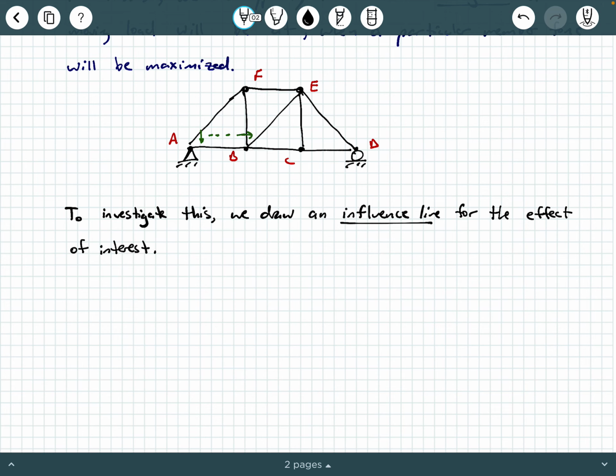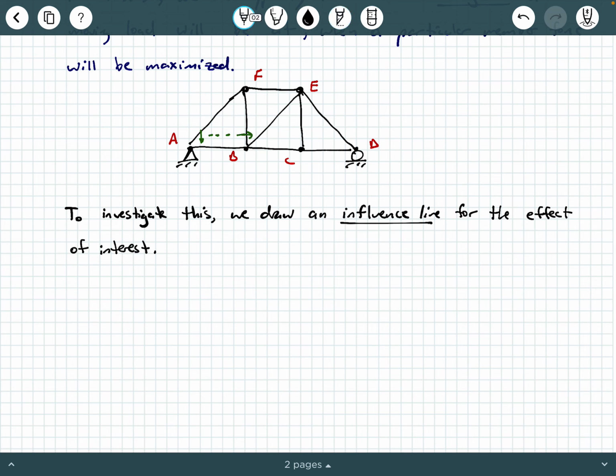Now again, what is this thing called an effect? We got to keep reminding ourselves when we say effect, it could mean an external reaction. If you have a beam, it could be internal shear force or internal bending moment. In this case, if we're dealing with a truss, we're talking about a member force as an effect of interest. A member force in one particular member at a time, okay?